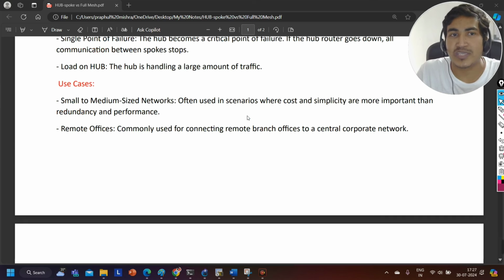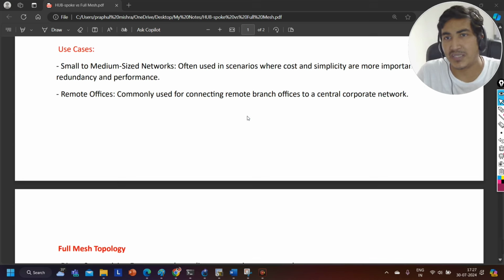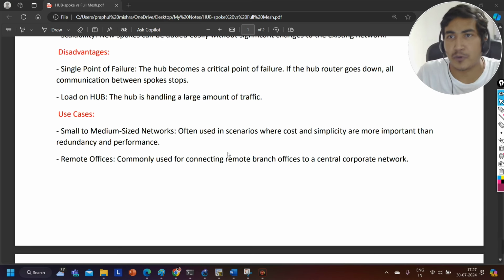Now try to understand the use case where we are going to use hub and spoke topology, guys, in real time in the production network. So see, for small to medium size networks, hub and spoke is the best topology type, right?